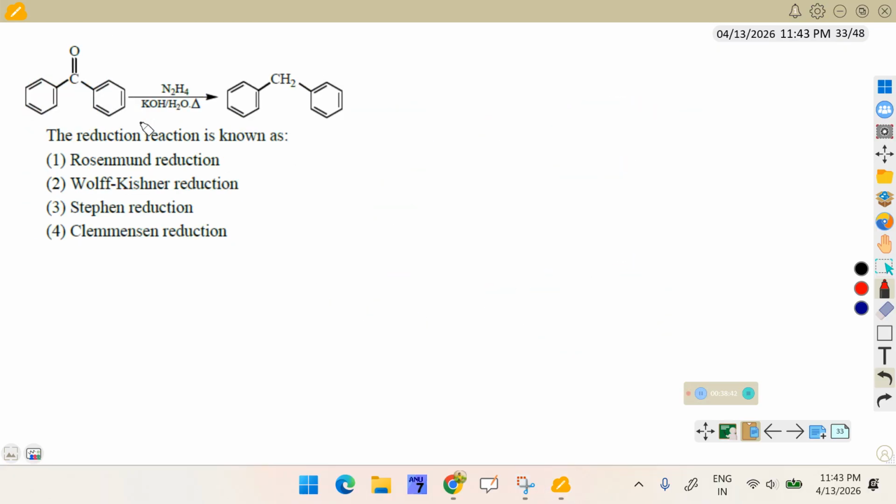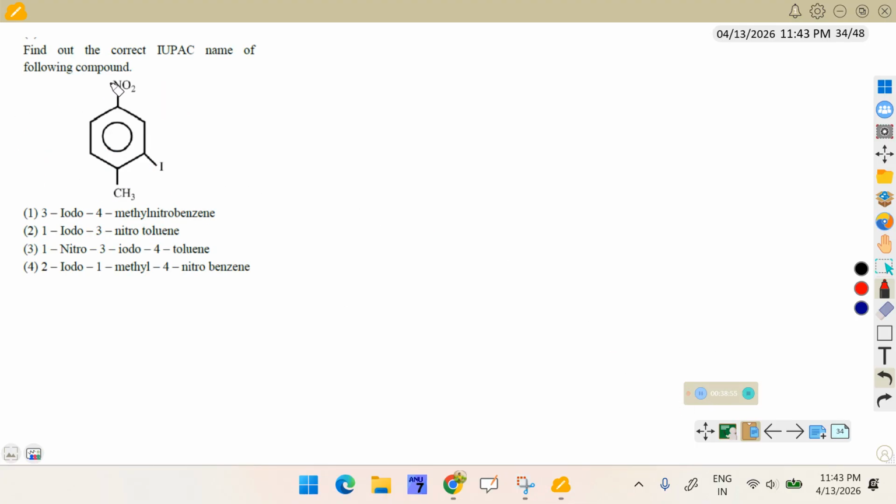The reduction reaction: hydrogen in the presence of alcoholic KOH, Wolff-Kishner reduction. What is the correct IUPAC name of the compound? This is the first carbon, second carbon, third carbon, fourth carbon.